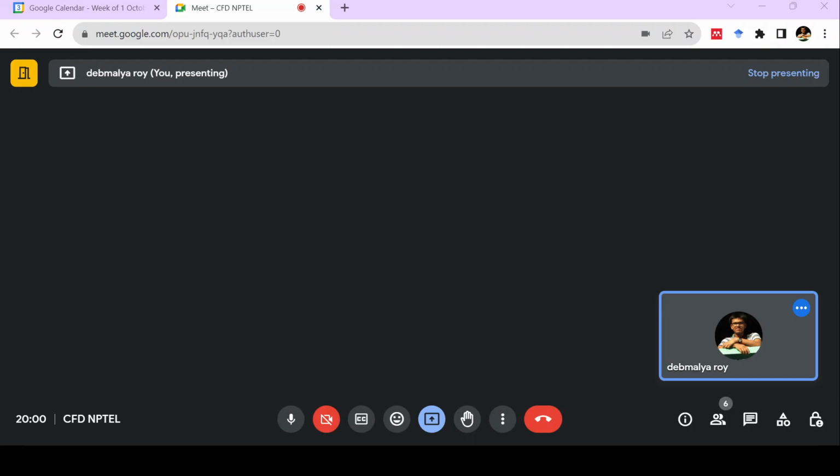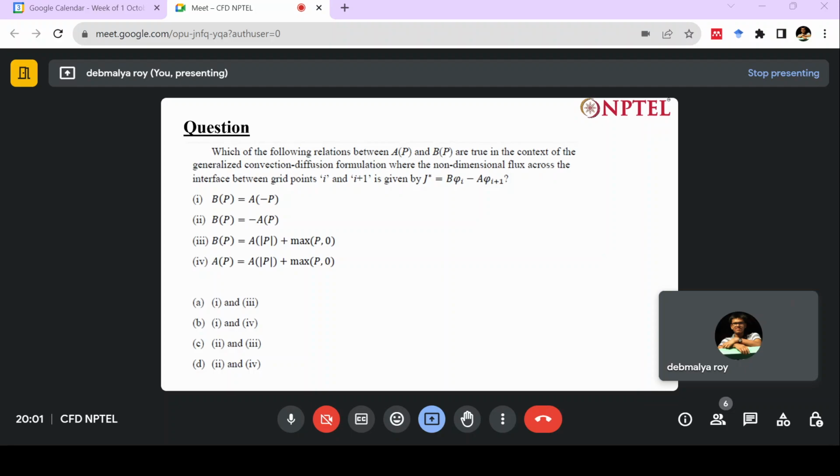Is any other option correct out of the other two? B of P is equal to A of P plus maximum of P comma 0. Okay, can you explain how this comes out to be? I guessed it. Okay. Can someone else explain?